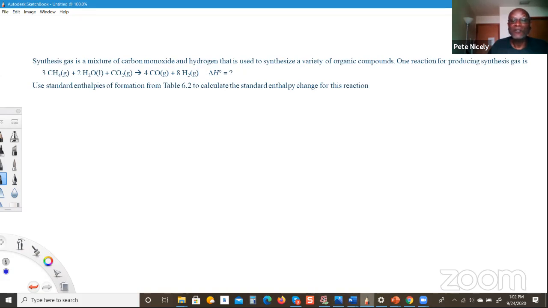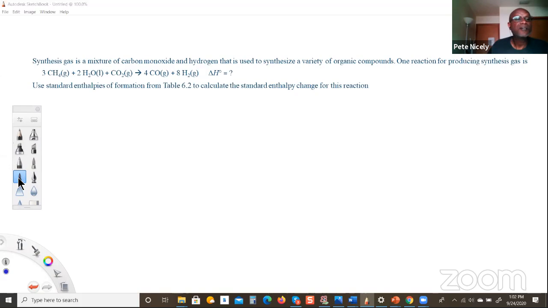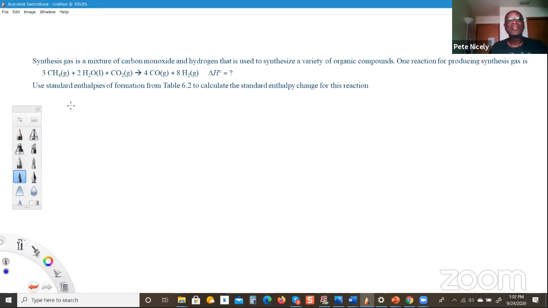So the first thing I would do here is write down an expression based on the equation. And the expression will go like this. Remember, it's always the sum of the enthalpy of formation of the products minus those of the reactants. So I'm going to start off with the products first, right? Carbon monoxide and hydrogen.